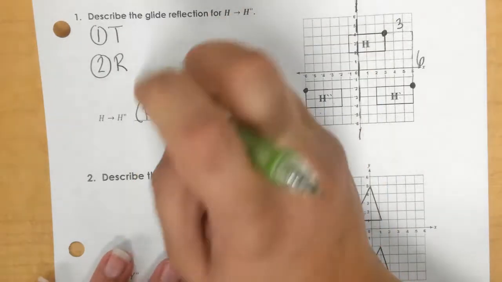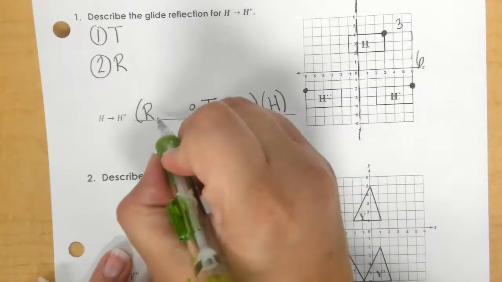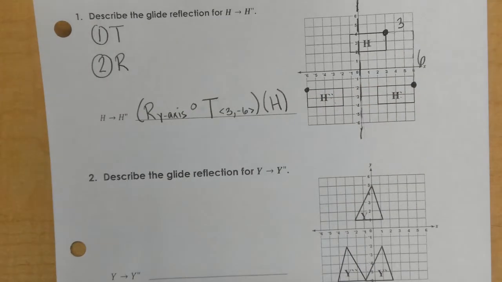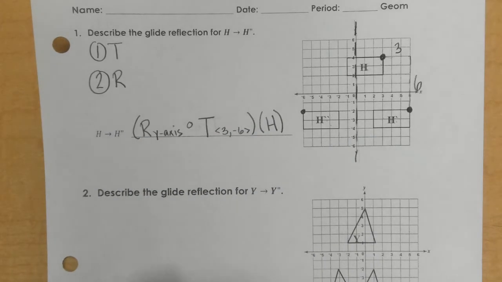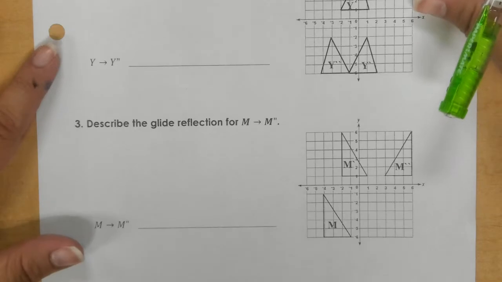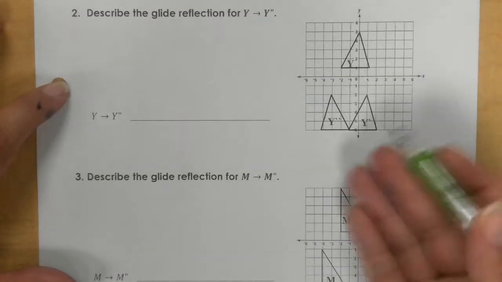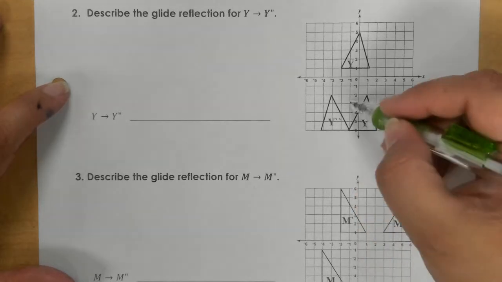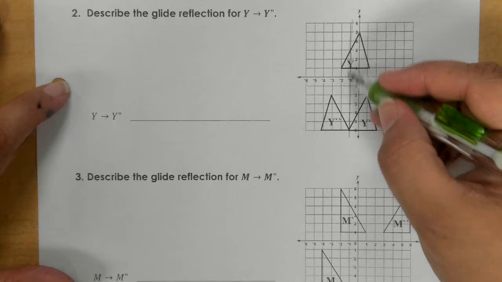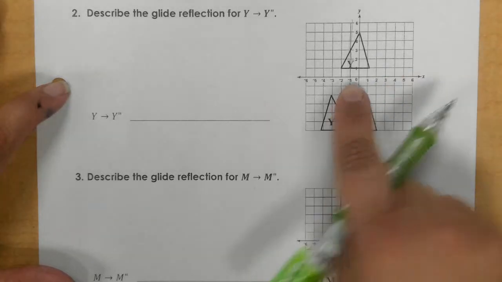So I would just put down that I reflected over the y-axis. Okay? So that is a glide reflection. 2 and 3 are both glide reflections. Remember, on this one, it looks like it's going to have to reflect onto itself, so you're probably going to have this as your line of reflection, which is x equals negative 1.